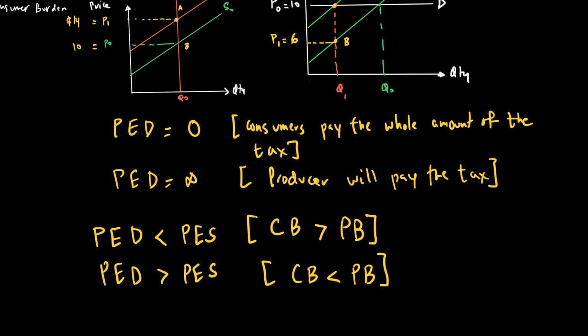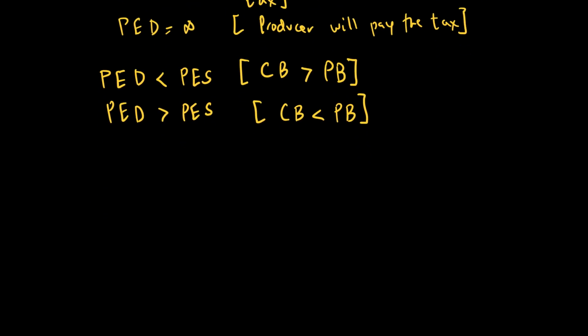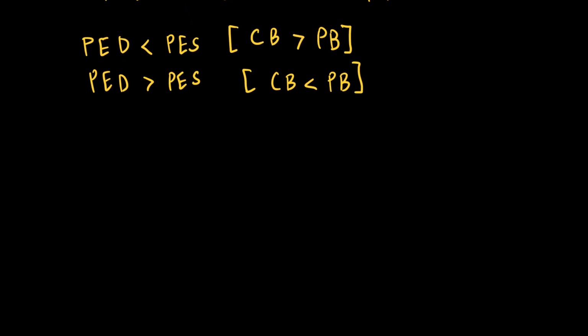Let's see a diagram here to show what we mean by this. Let's say I have a very inelastic demand but an elastic supply curve. And this comes a lot in MCQs sometimes as well. They give you a diagram like this one and they ask you who pays or who has a higher burden of the tax. So if I make a diagram like this one, this is my quantity and price.